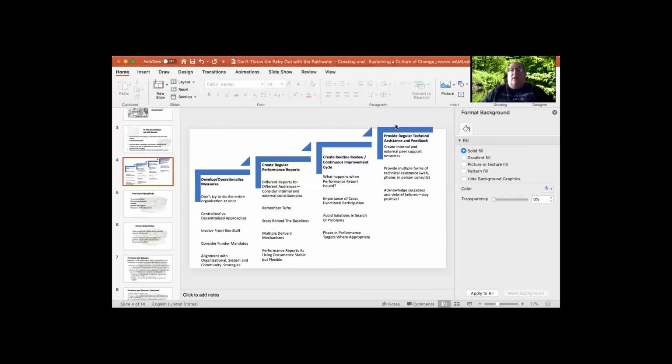And then along with all of that, you want to acknowledge successes. When something has resulted in a success, using data to make a change that actually improves performance, that should be advertised and celebrated.